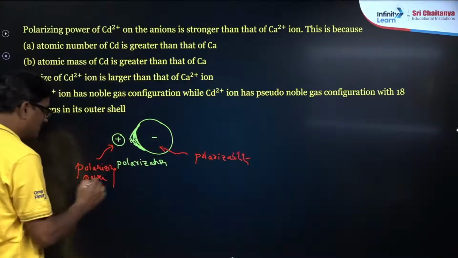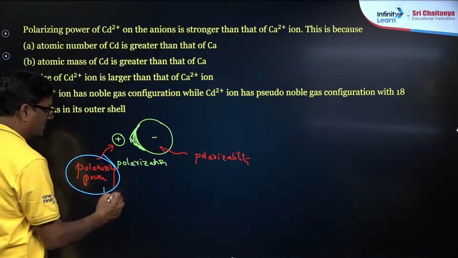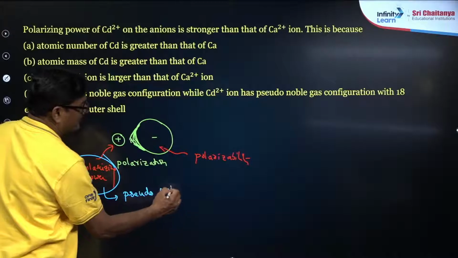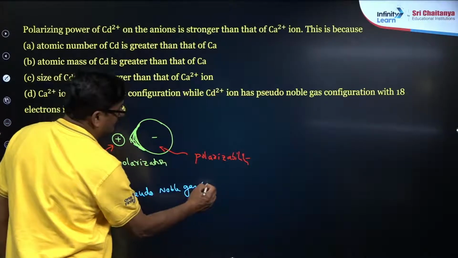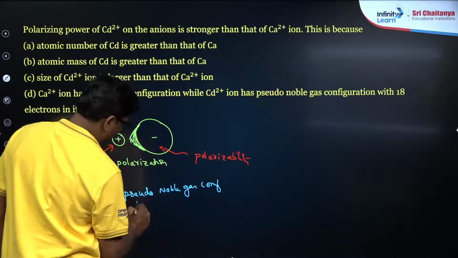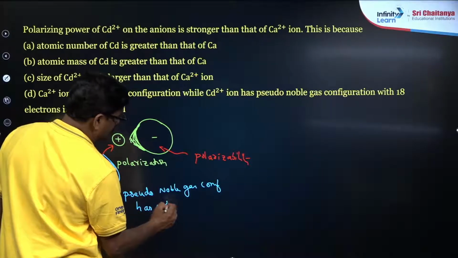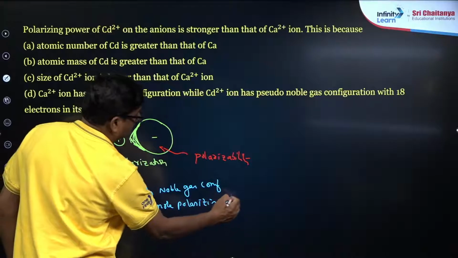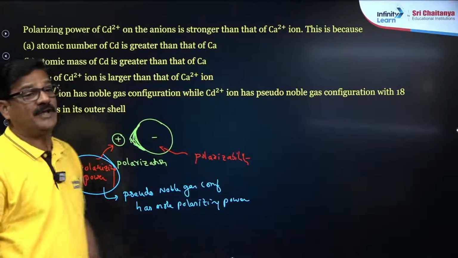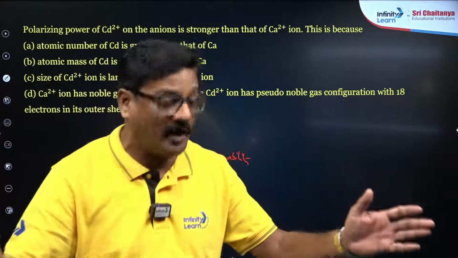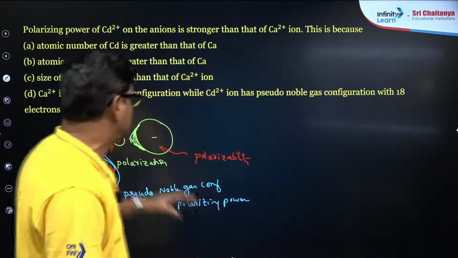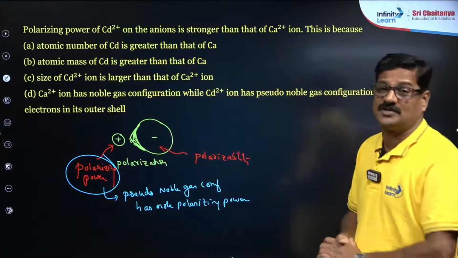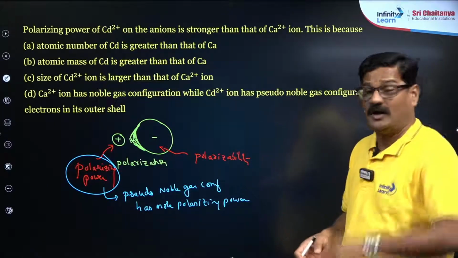Polarizing power is more for pseudo noble gas configuration. Why? Because it has diffused d orbitals. Where polarization is more, there is more covalent character.